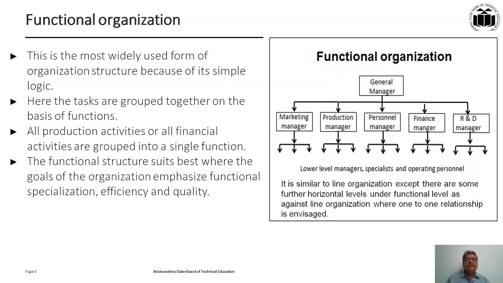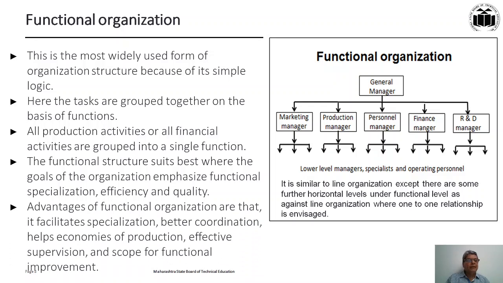The functional structure suits best where the goals of the organization emphasize functional specialization, efficiency, and quality. Advantages of functional organization are that it facilitates specialization, better coordination, helps economies of production, effective supervision, and scope for functional improvement.